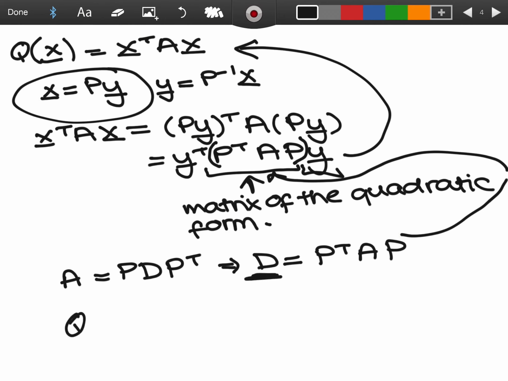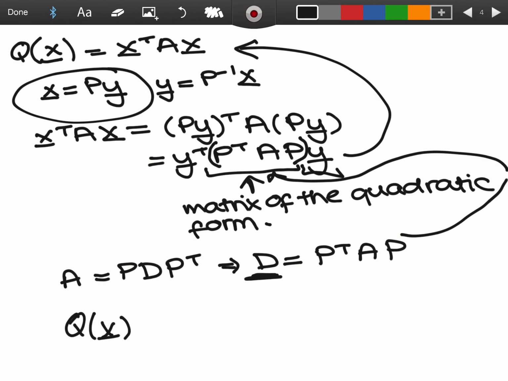Because any symmetric matrix has this orthogonal diagonalization, for any symmetric matrix A, I can find this P such that that is the case.